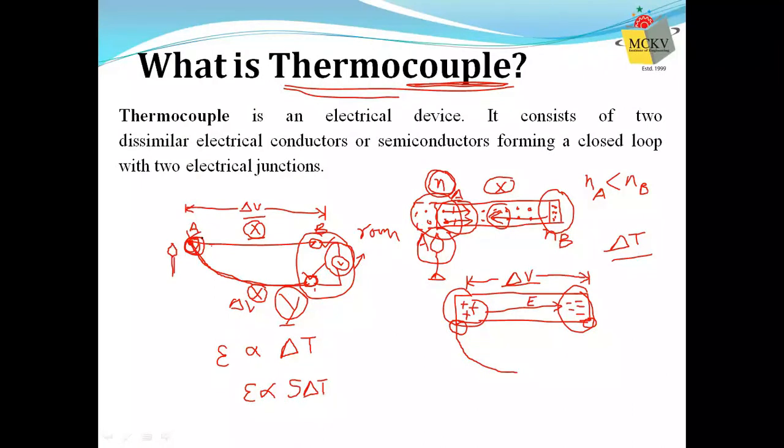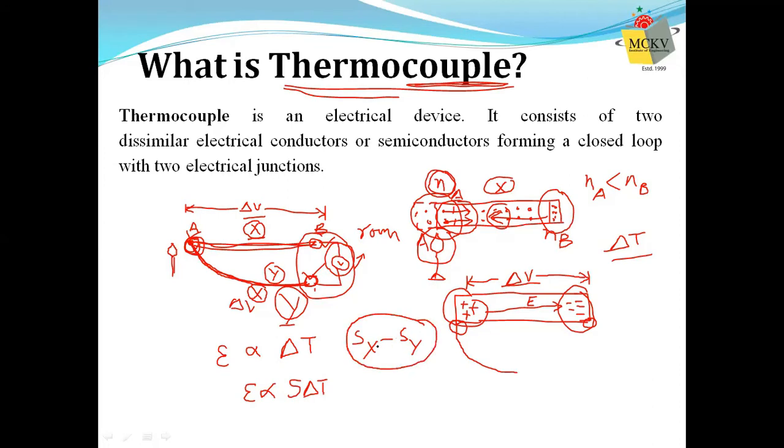So this potential drop will depend on the Seebeck coefficient of X, and this potential drop will depend on the Seebeck coefficient of Y. So if you take this difference, then that Seebeck coefficient will be something around Sx minus Sy. So this is a couple property.